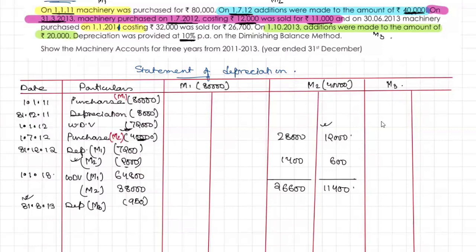You are getting my point? They're saying that the cost was 12,000 on 1st of July 2012. So when the machine was purchased, there were two parts of it. One was of 12,000 that is being sold, and the other was of 28,000 which is not yet sold.